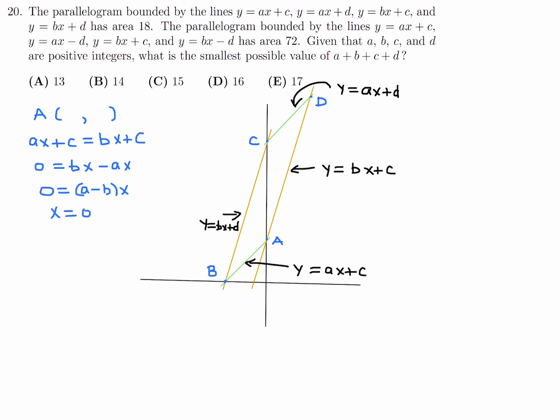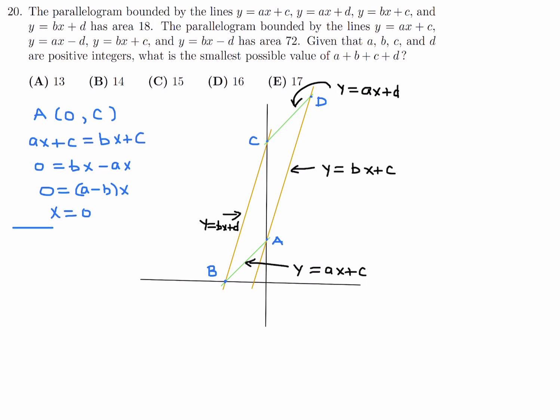Because a cannot equal b, right? Because if a equals b, then this line and this line would be identical lines. They're not identical lines, they're different lines. So that means x equals 0. So for A, the x coordinate is 0. But what's the y coordinate? Well, substitute back into any of these lines and you get that y is equal to c. Alright, so far so good.